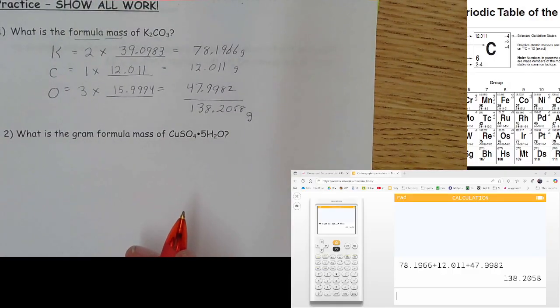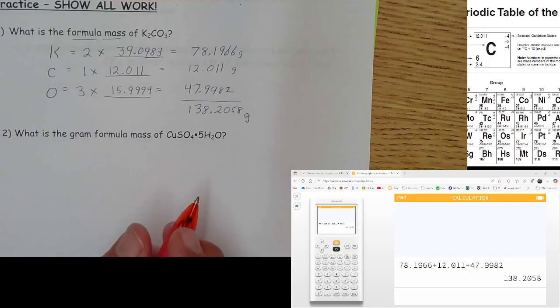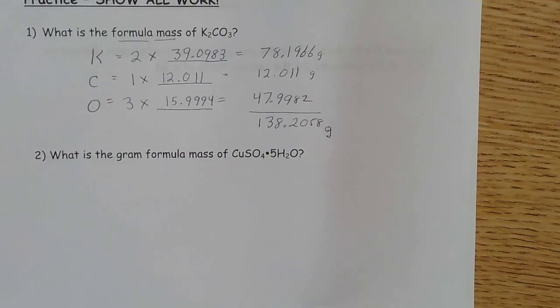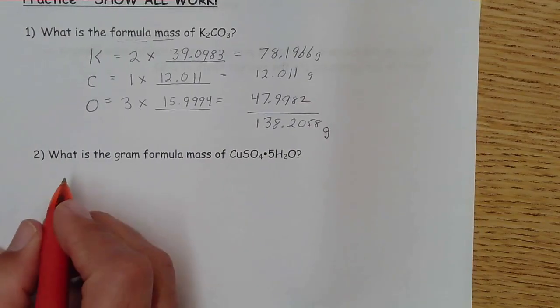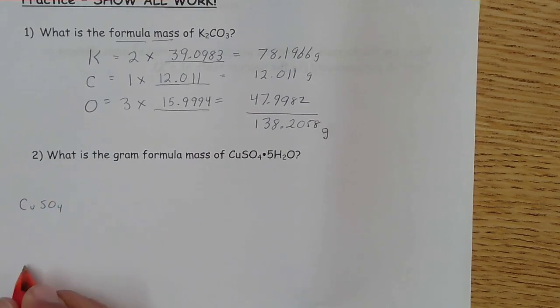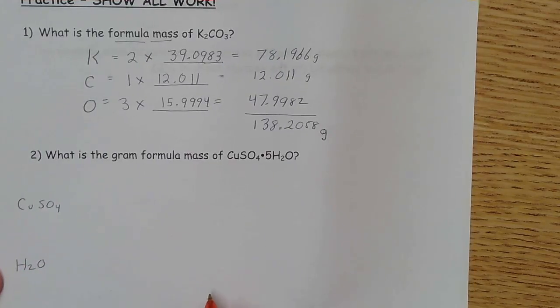And when they get this complicated, which is about as complicated as they get, let me go back to my main screen so it takes up more of the screen and you can see. We'll do what we did before, but I'm going to do first for the copper sulfate, then I'm going to do it for water, and then I'm going to multiply by 5.